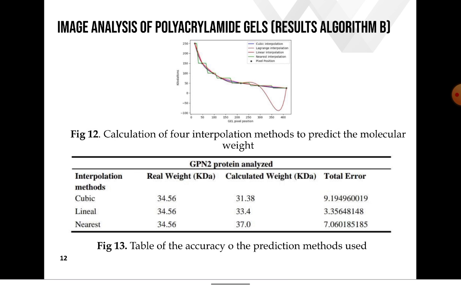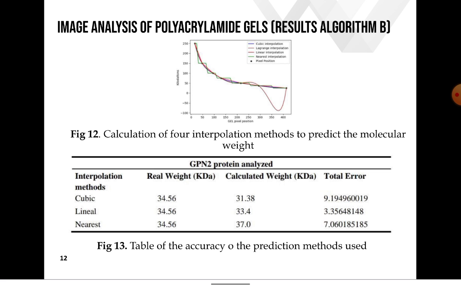With the array of data, we apply the cubic, Lagrange, linear and nearest interpolation methods, and we use the GPM protein, whose weight is known, to measure the total error of each method calculating the molecular weight of the band.